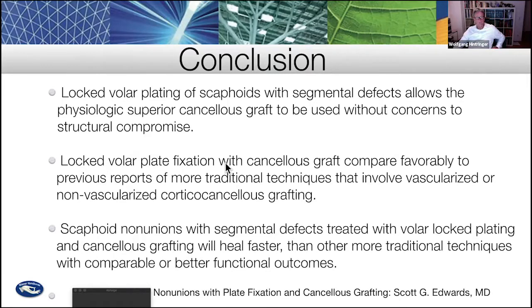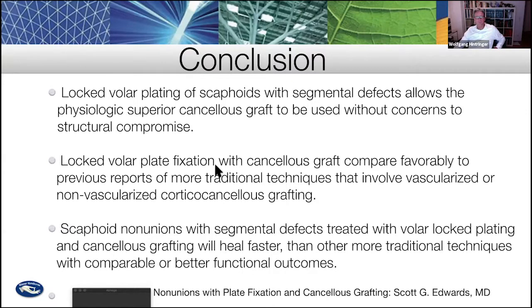And locked volar plate fixation with cancellous bone graft compares favorably to previous reports of more traditional techniques that involve vascularized or non-vascularized corticocancellous grafting. And scaphoid nonunions with segmental defects treated with volar locking plating and cancellous grafting will heal faster than other more traditional techniques, with comparable or better functional outcome.